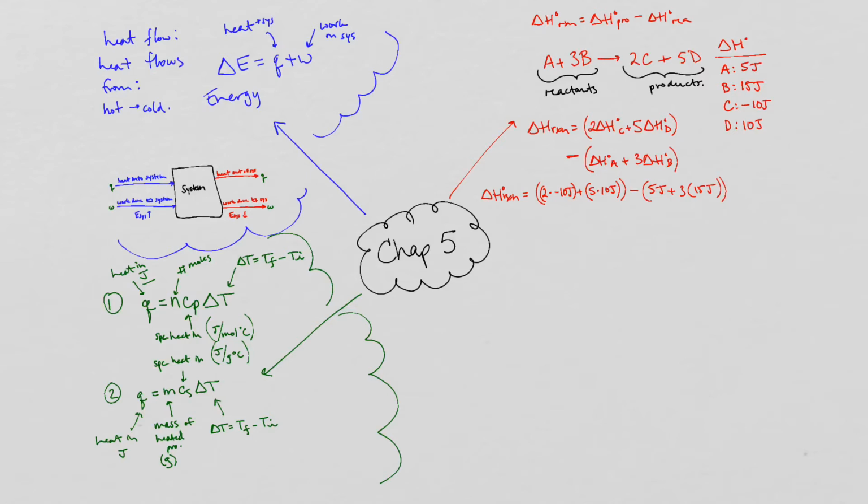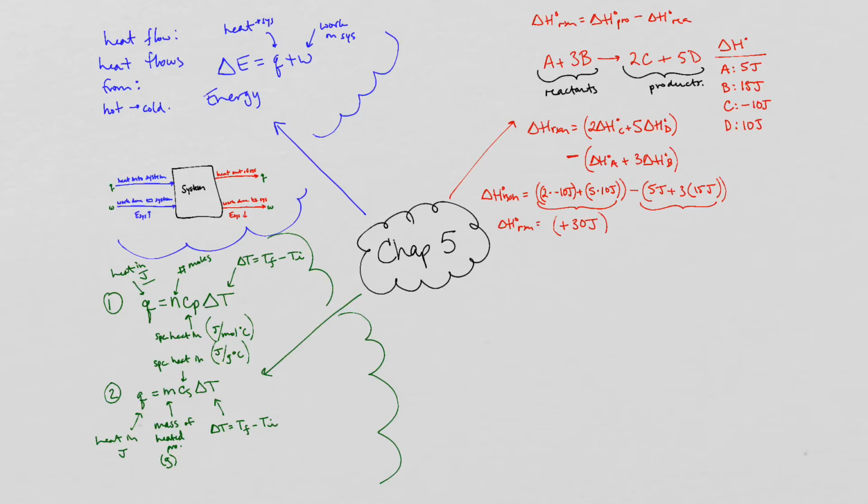All right. We can take these and these. So 2 times negative 10 is negative 20, plus 50 is positive 30 joules. And I just wrote that plus there just to remind myself that it's positive. Oftentimes with delta H reaction, we work with negative numbers as well. Remember that if delta H reaction is greater than 0, the reaction is endothermic. If delta H reaction is less than 0, the reaction is exothermic.